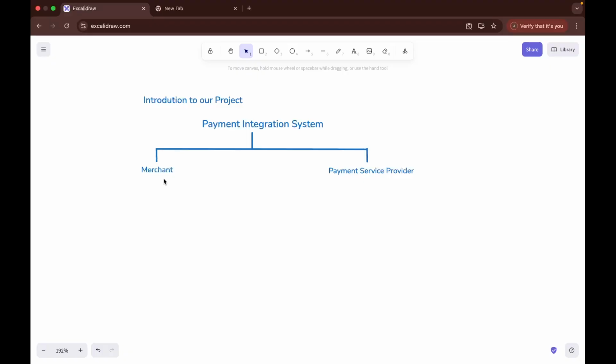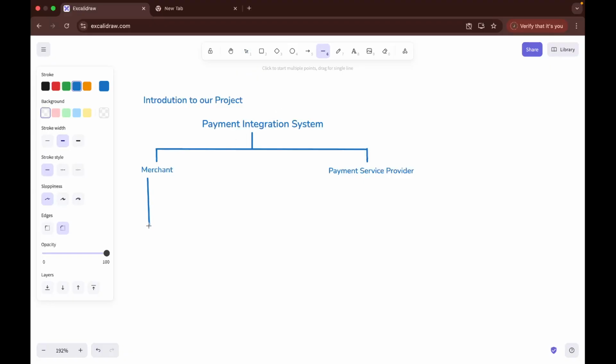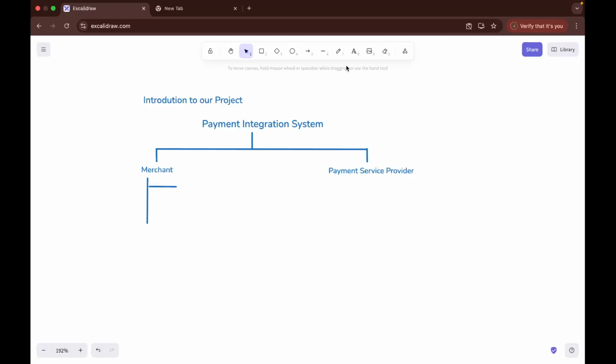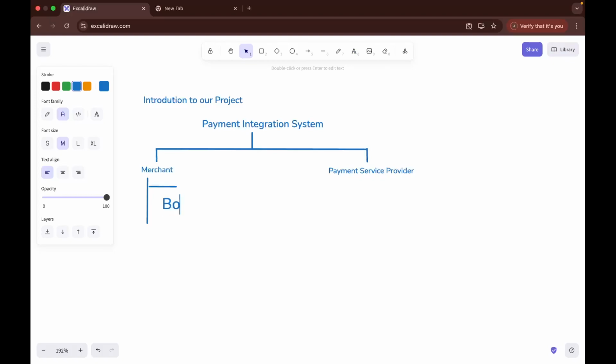For example, the Book My Show application or the Swiggy application.